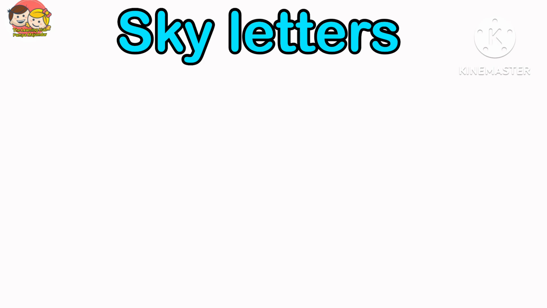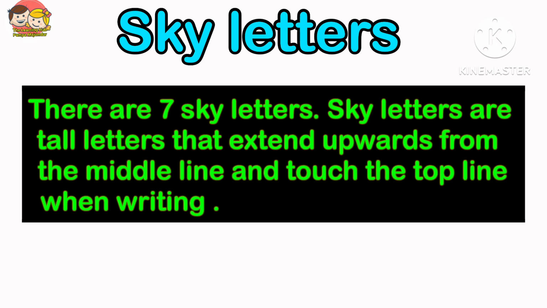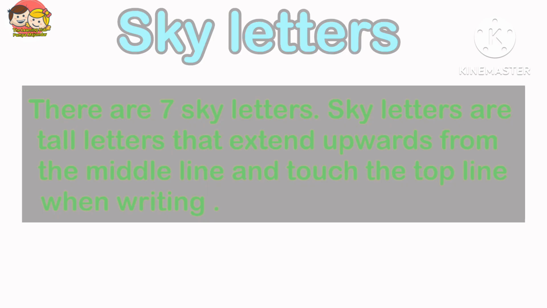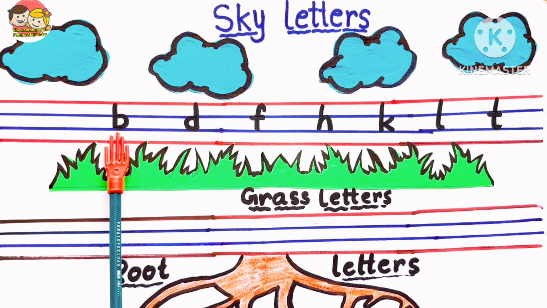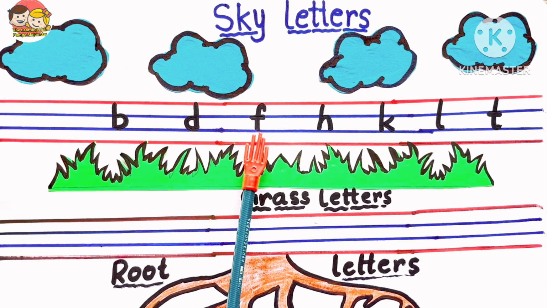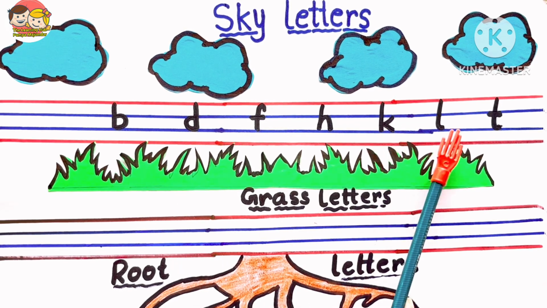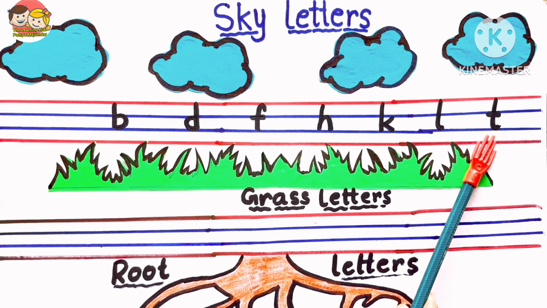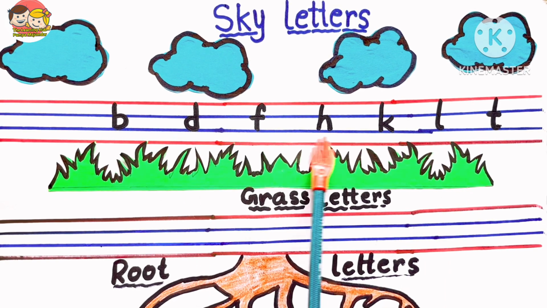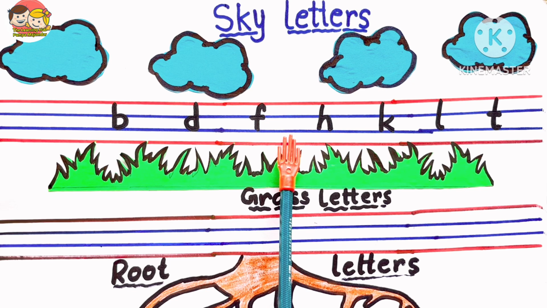Sky letters. There are 7 sky letters. Sky letters are tall letters that extend upwards from the middle line and touch the top line when writing. Like B, D, F, H, K, L, T. These letters are called sky letters.